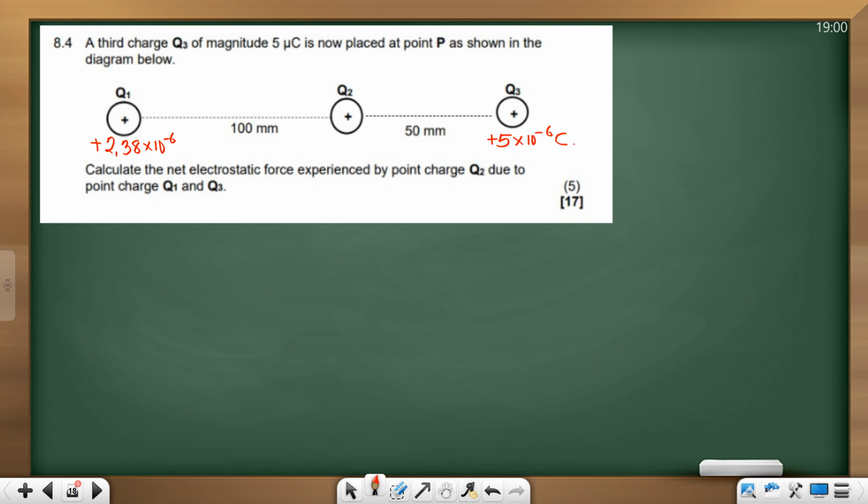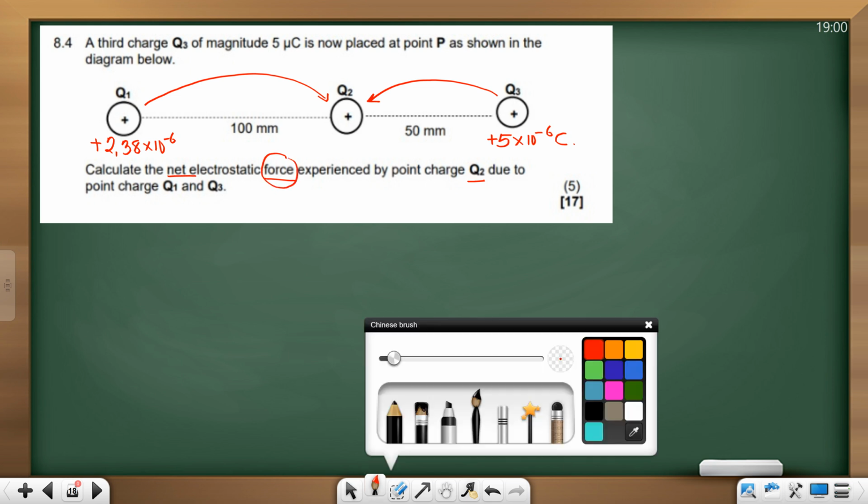Calculate again. What are we looking for, my dear learners? Net electrostatic force. Take note. Experienced by point Q2. Our focus is now on Q2. But mind you, it is electrostatic force. Whatever we did for E is the same thing we're going to do for F. Free body diagram quickly first.